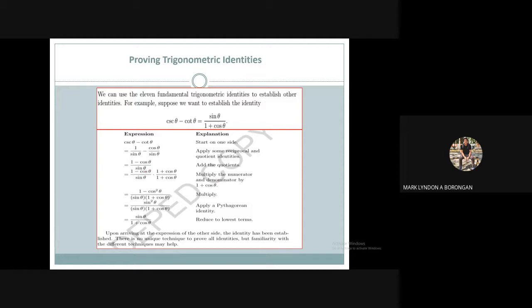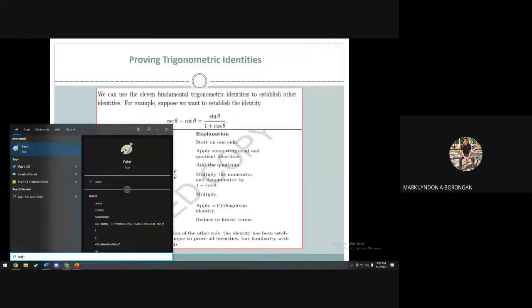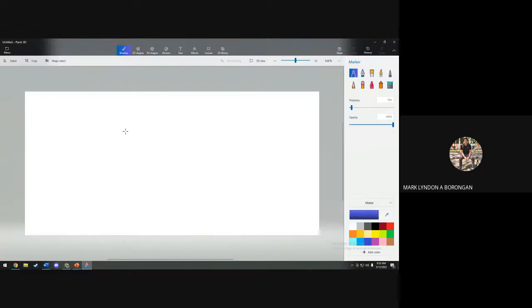Pag multiply nimo ani niya, ang atong 1 times 1, you'll get 1. Okay. So 1 plus 1 times cosine of theta. So ato ni siyang i-step by step. So naka di ari 1 plus cosine of theta, i-multiply mo siya 1 minus cosine of theta.